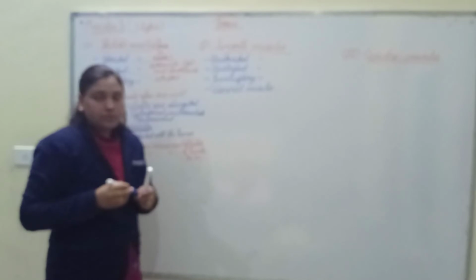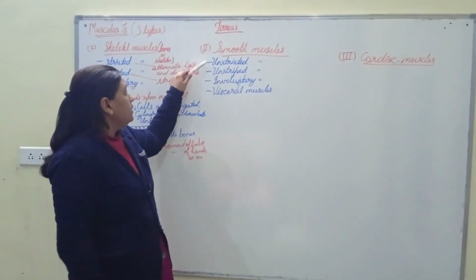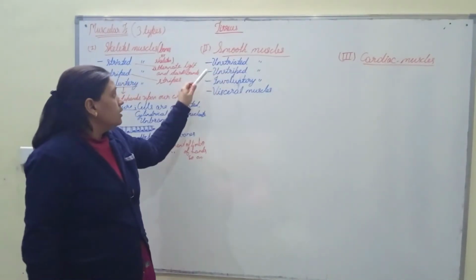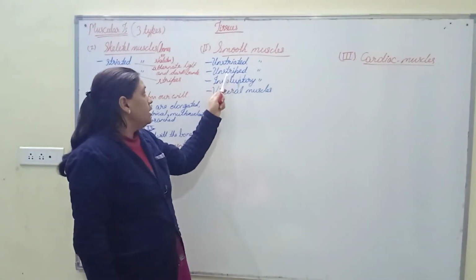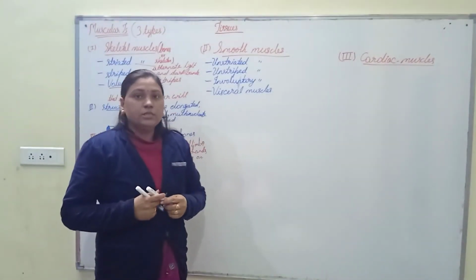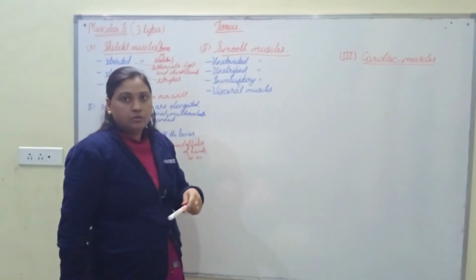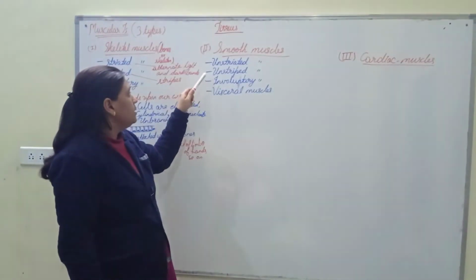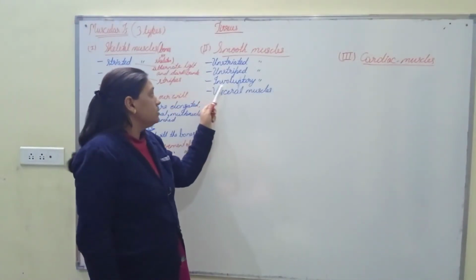So smooth muscles have other names also. They are unstriated. That means striation and stripes both are absent in case of smooth muscles. So these are known as unstriated and unstriped muscles.